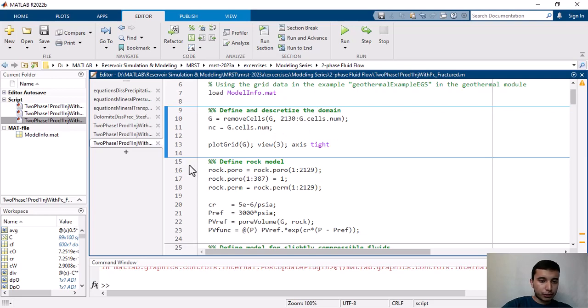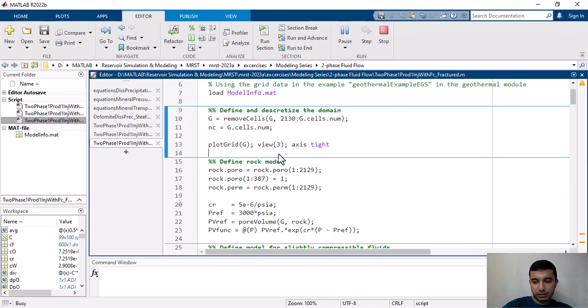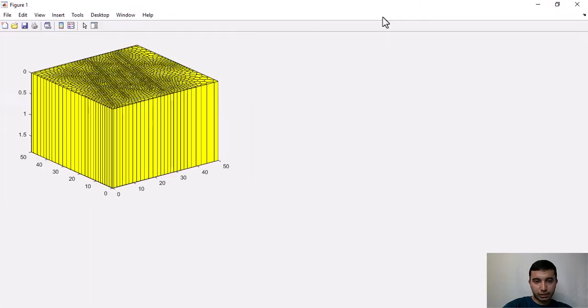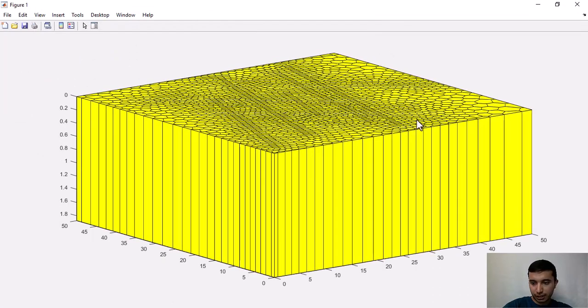In order to show you what the grid looks like, of course, I talked about this in the video about single-phase fluid flow modeling, but let's do it again if it's your first time watching this series of videos.